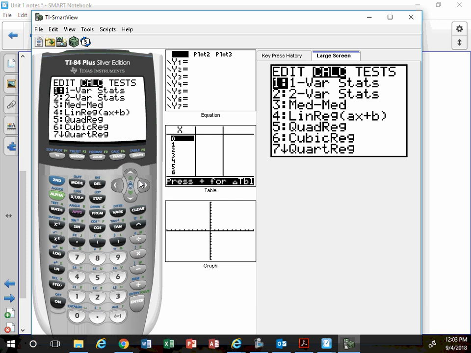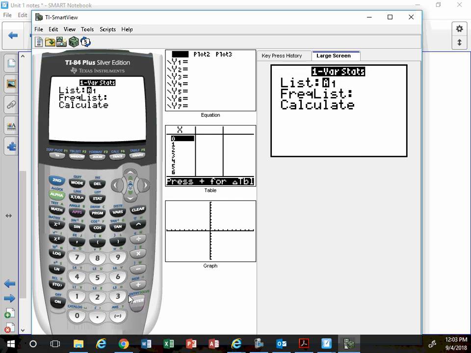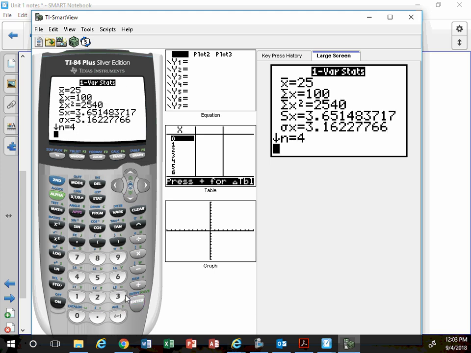Once you are on calc, we want to do 1-bar stats. Okay, this is one variable statistics. So go ahead and select that. All right, our data's in list 1, right? And do we have a frequency list this time? Nope. Okay, so you can just leave that blank. Arrow down to calculate. Push enter.